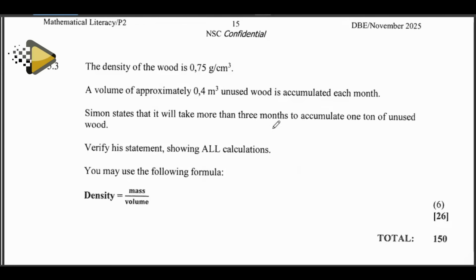So first and foremost, we need to know the volume, so this is 0.4 meters cubed. Here we are looking at centimeters what? Cubed. What are we looking for? It says that Simon stated that it will take more than 3 months to accumulate 1 ton.